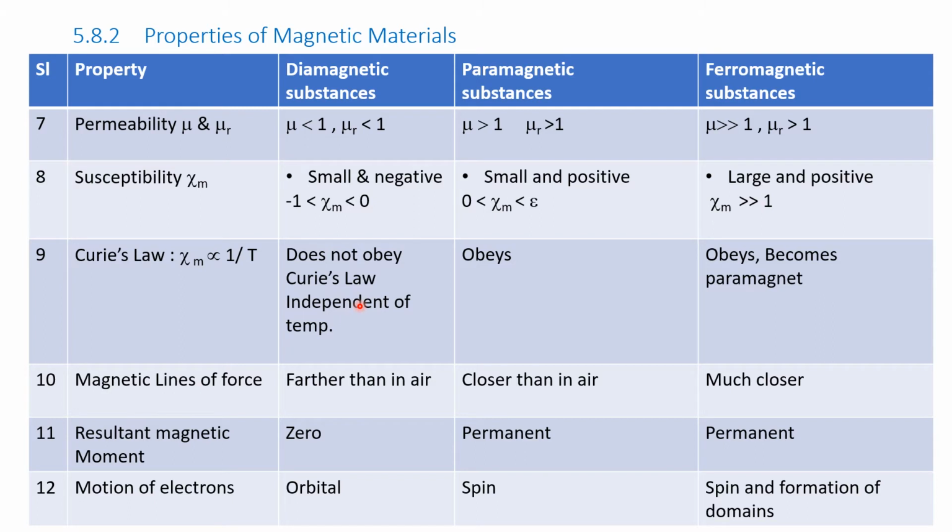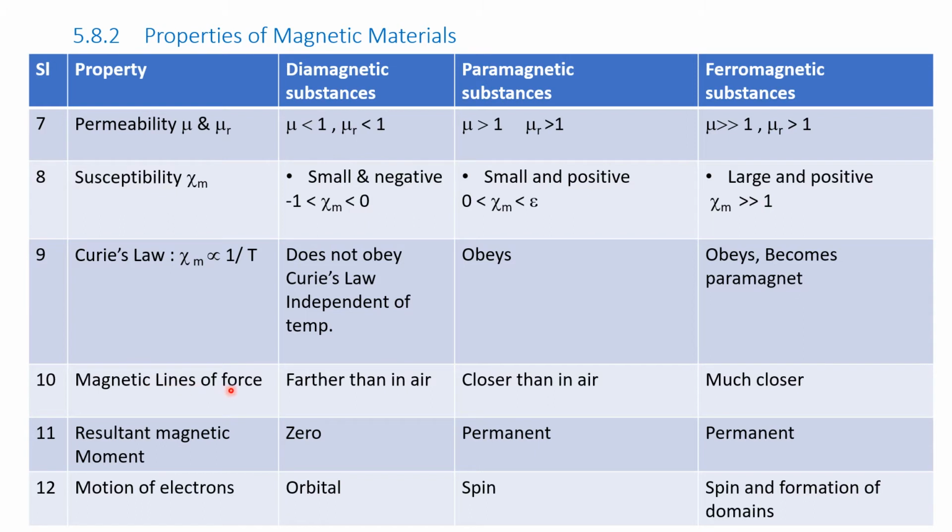That is, it is independent of temperature. Paramagnetic substances obey Curie's law. Whereas the ferromagnetic obeys to such an extent that it becomes a permanent magnet. When temperature is increased, it becomes a paramagnet. See, there is a conversion from ferromagnet to paramagnet in Curie's law.